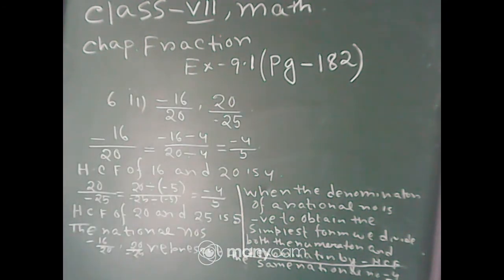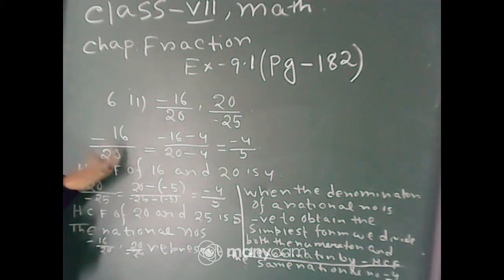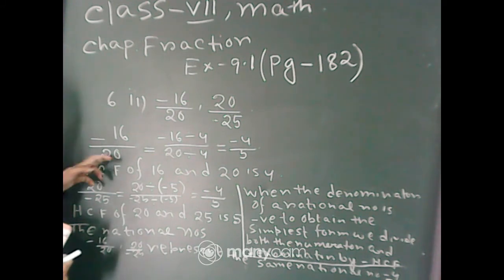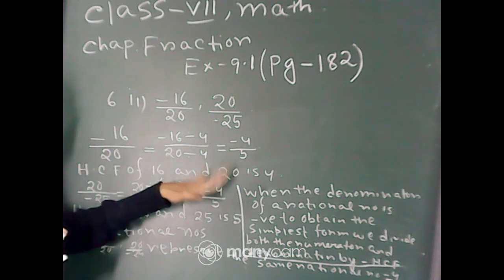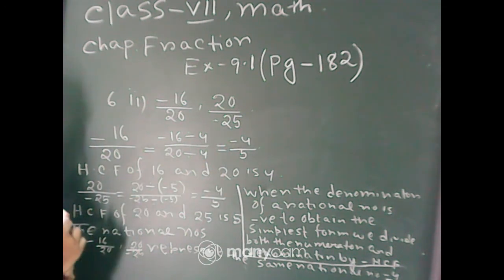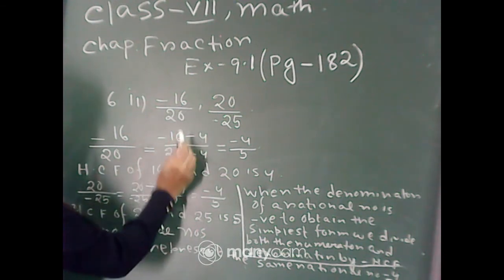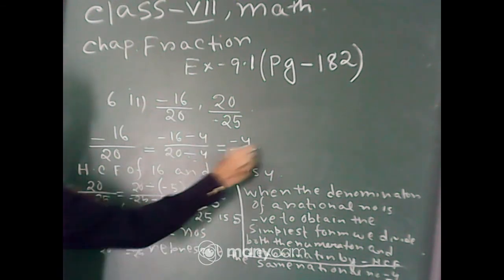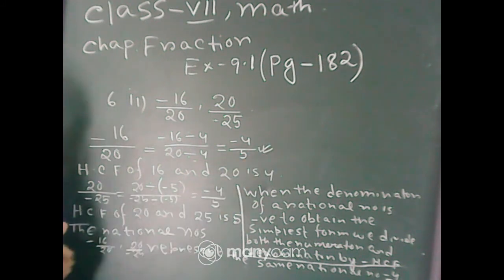Again I repeat, first we convert these into their standard form. A rational number is said to be in standard form if the denominator is positive and the numerator and denominator have no common factor other than 1. So, here the denominator is positive and the HCF of 16 and 20 is 4. Therefore, to obtain the simplest form, we divide both by 4 and we get minus 4 divided by 5.